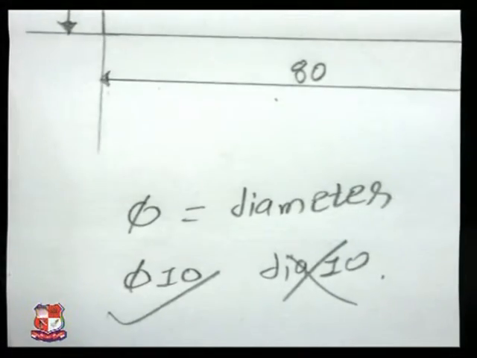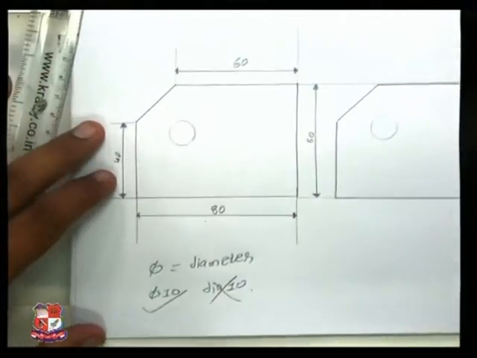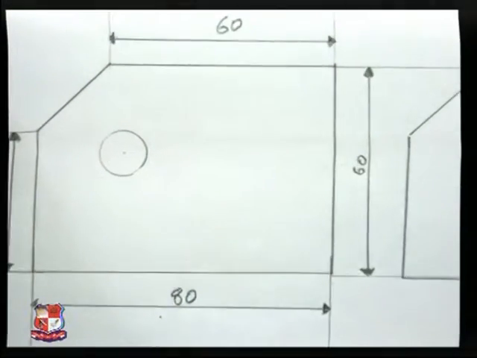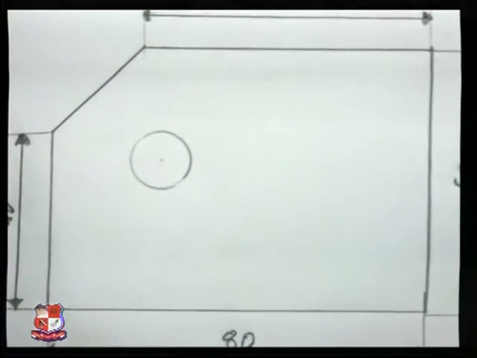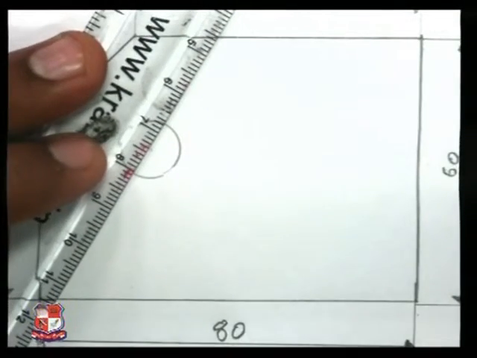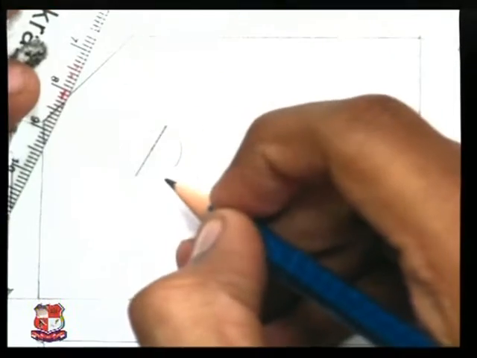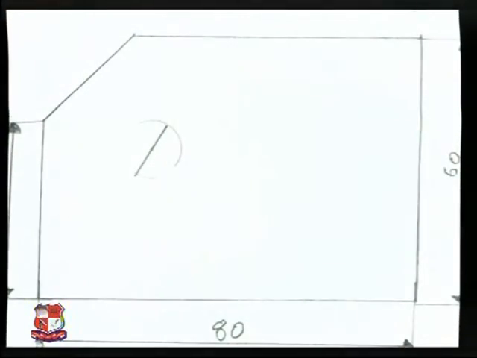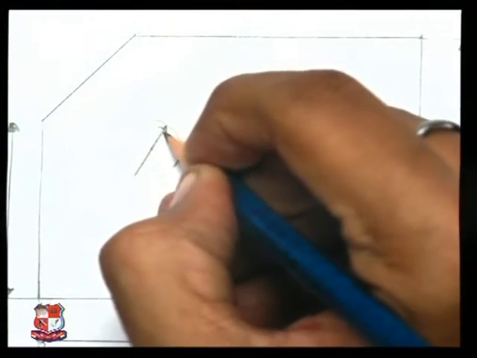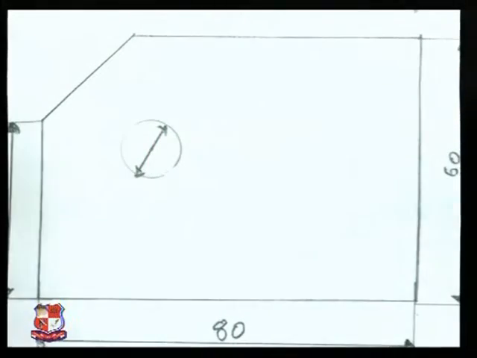Now we will see how we can give the dimension to a circle. To give the dimension of the circle, draw an arrow in the middle of the circle like this.